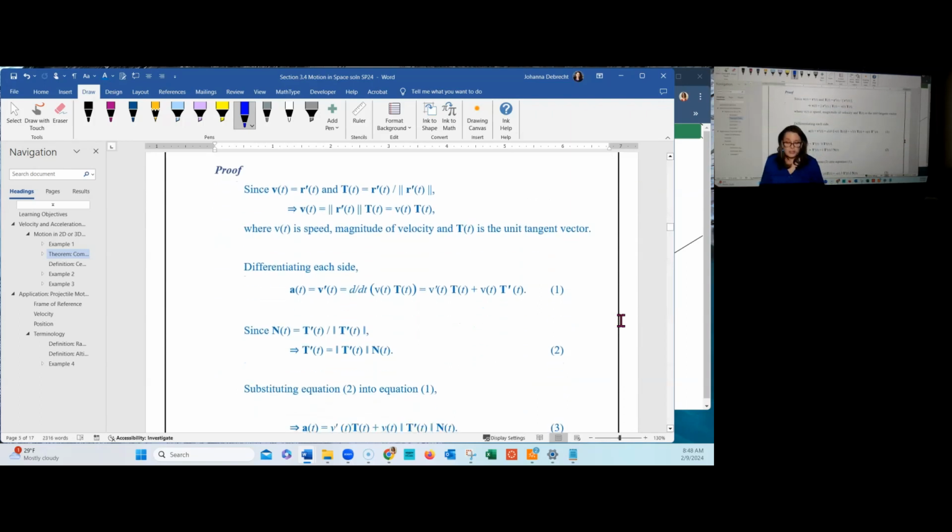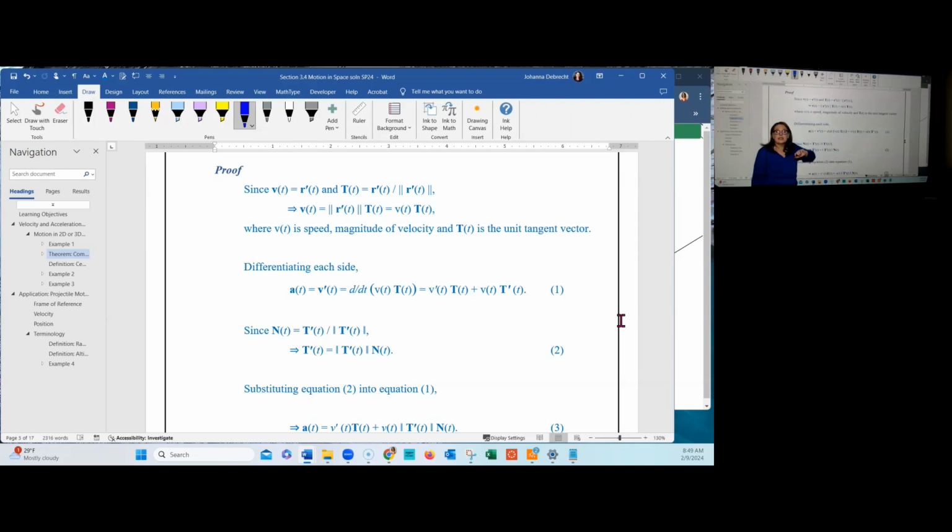All right, so we're going to start with what we know, which is that the velocity vector, this is bolded, is equal to the derivative of the position function, r prime of t. We also know that the unit tangent vector points in the direction of the tangent vector, but is 1 unit long.